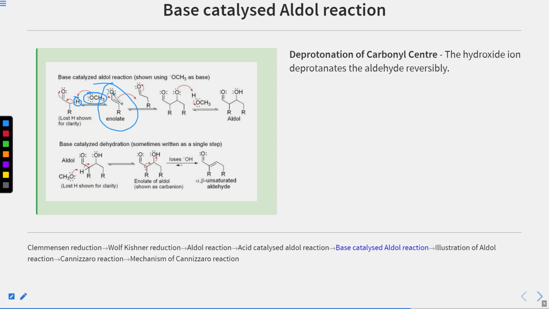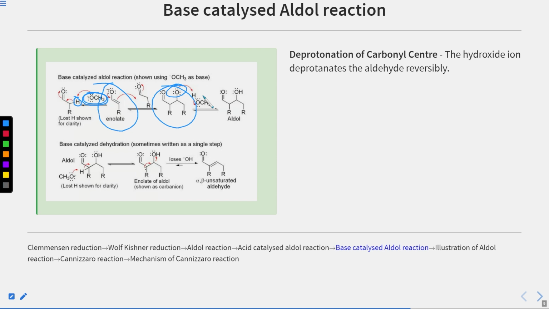Now, since it is a negative charge, this negative charge will propagate back, and the double bond that is formed initially will be responsible for the attack on the carbonyl center. So this is formed, and the double bond between carbon and oxygen is transferred onto oxygen, creating a negative charge on it. Now, at the start of the reaction, this CH3O⁻ has taken one H⁺ from here, and since it is a base catalyzed reaction, this CH3O⁻ concentration should not change, so it should be given back.